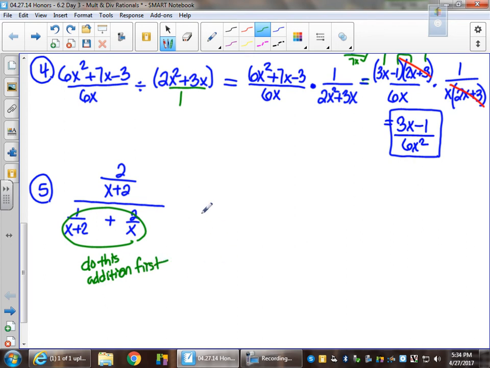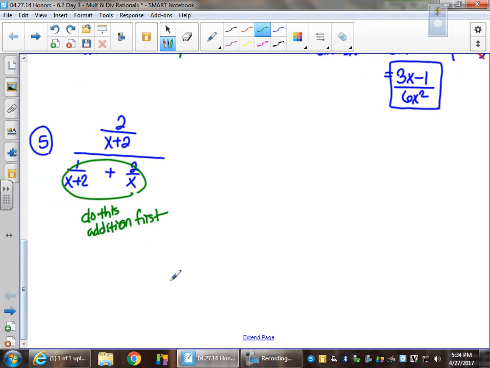So off to the side, if you wanted to work on it and then come back, that's fine. So I'm going to do 1 divided by x plus 2 plus 2 over x. And we're experts at addition. The question is, what is my LCD, my least common denominator? Well, I've got x and I've got x plus 2. So the common denominator will be x times x plus 2.